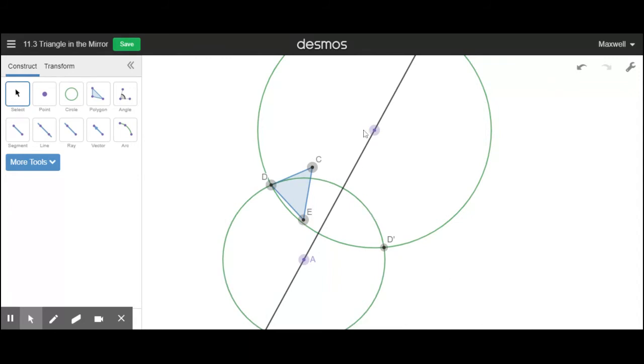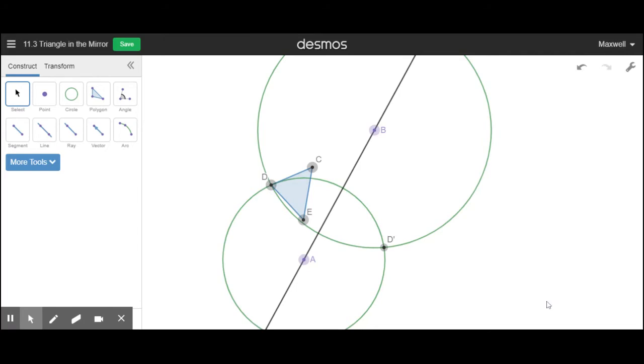So we have two different circles where A to D prime and A to D are the radius of one circle, and then we can name this other point B, and we have a radius from B to D prime and B to D that is equal for both. And the circles that we just drew are both intersecting at D and D prime.